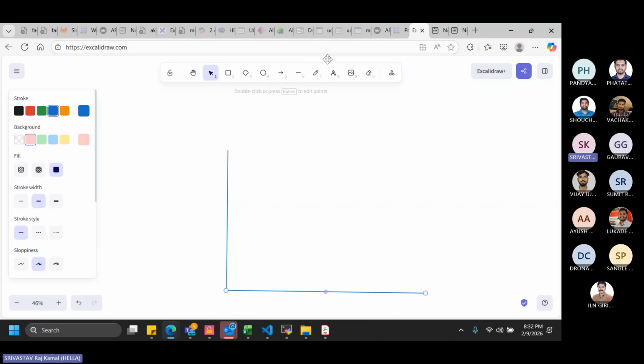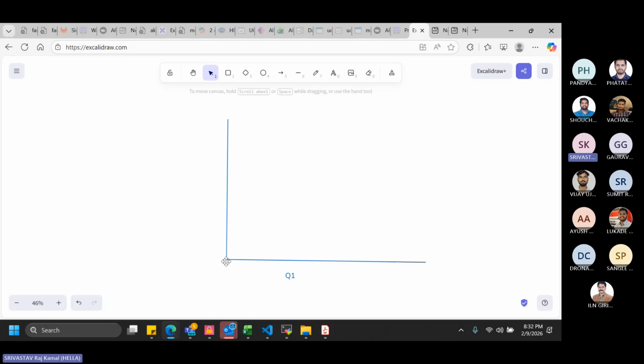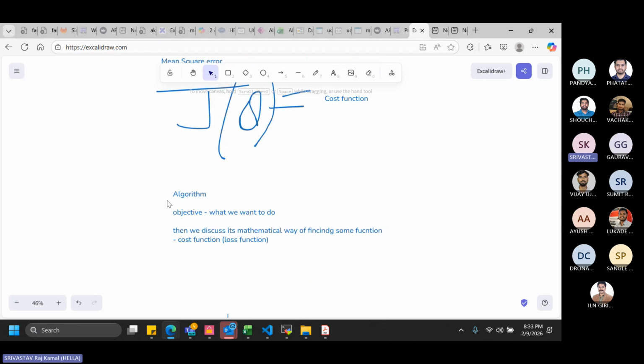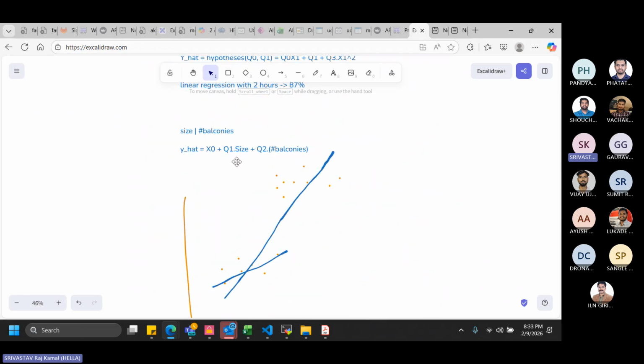Suppose this is a line of theta 1 values, ranging from, it could be -10, -1000, indefinite, minus infinity to infinity. This is the theta 1 line, for example. What is theta 1? Theta 1 is nothing but the coefficient associated with x1 in y hat.